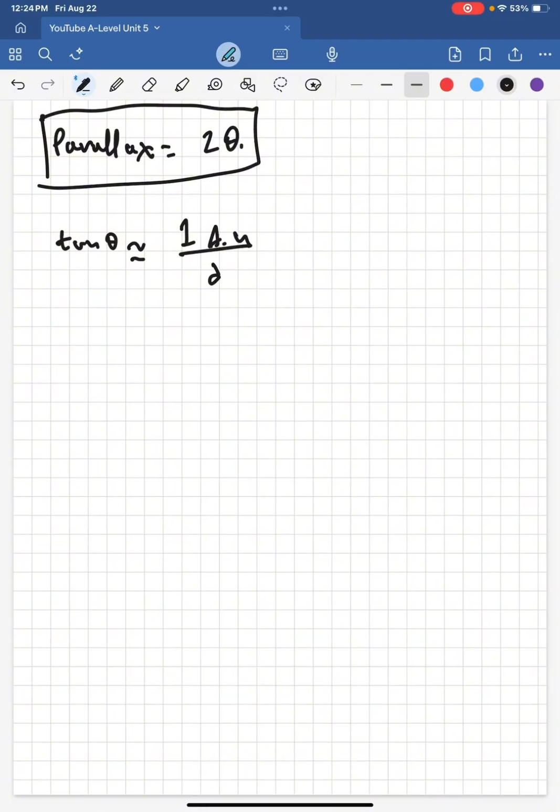And if an angle is really, really small, then the tangent of theta is approximately equal to the sine of theta, and that's approximately equal to theta. So theta is 1 astronomical unit over d. Simple as that. Okay, let's work with an example.